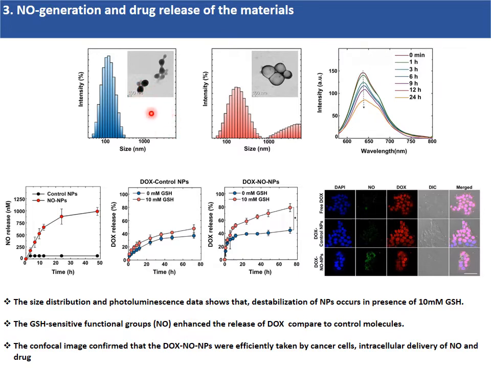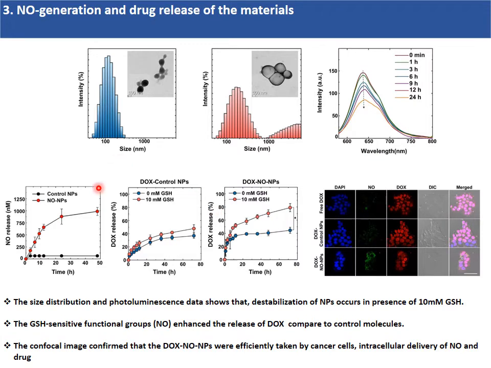It is shown that before treatment with glutathione, this molecule is stable, but after treatment with 10 millimolar glutathione, this molecule starts to degrade. When the photoluminescence spectra were measured, the intensity decreased with time after 10 millimolar glutathione was added. That means the time-dependent photoluminescence spectra prove that this molecule degrades.